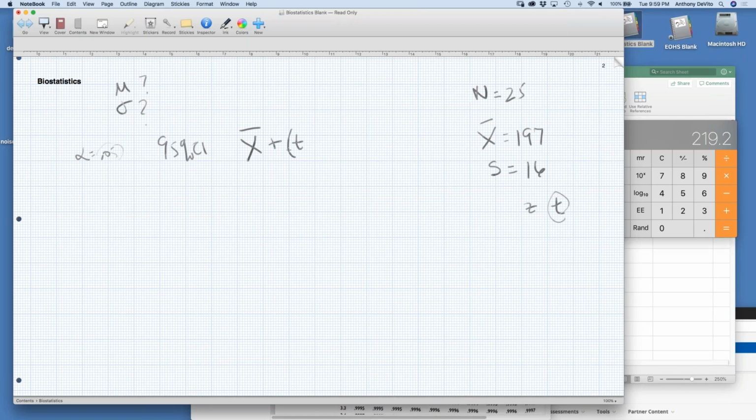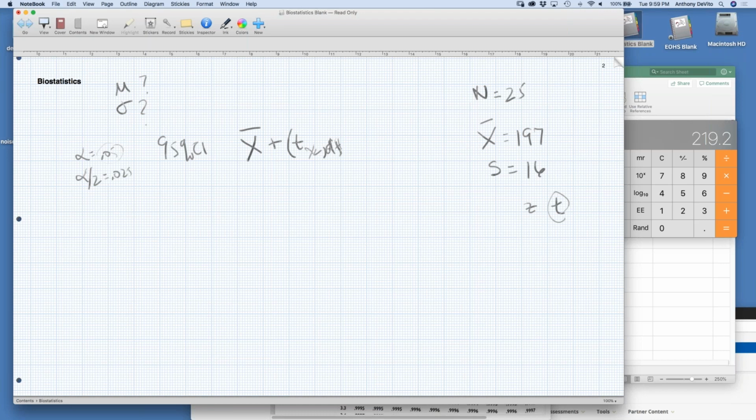Okay, and a lot of times down here to signify that that's what you're after, they will put alpha over 2 is equal to 0.025, comma, and degrees of freedom. Degrees of freedom is just another way of saying the sample size, except it's the sample size minus 1.